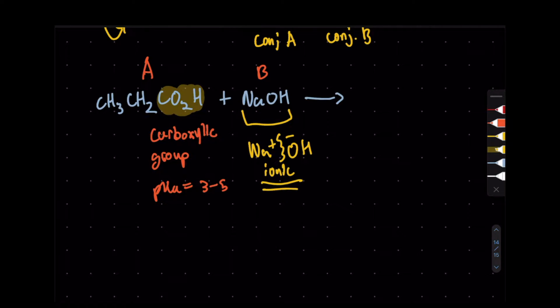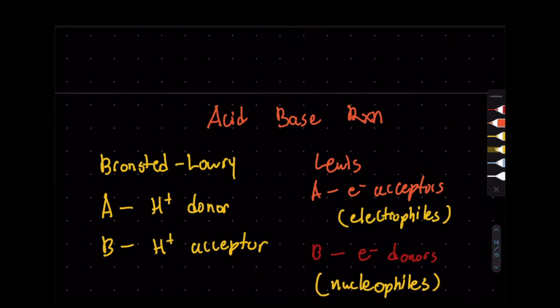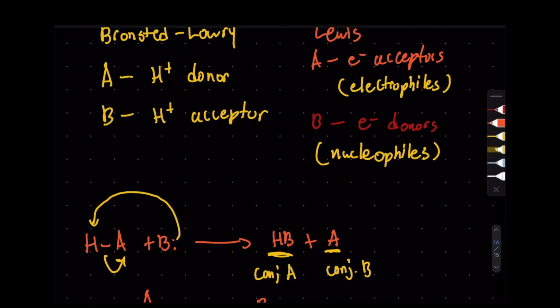And so from the definition, we can go up and see that Bronsted-Lowry says that bases are proton acceptors, so that matches the basic path of acid-base reactions, while the Lewis acid or base is saying that the base is an electron donor or nucleophile.